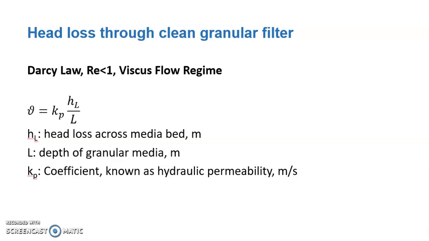But the problem with this equation is that it doesn't provide any relation with the granular filter media properties like porosity or grain size, and it doesn't provide any description about the porous media characteristics.